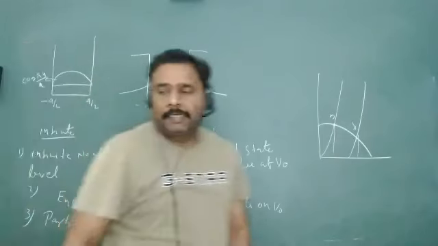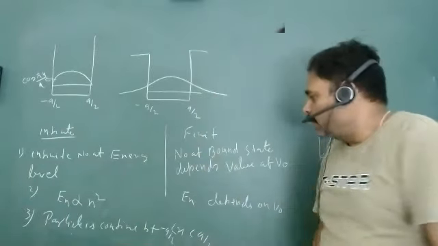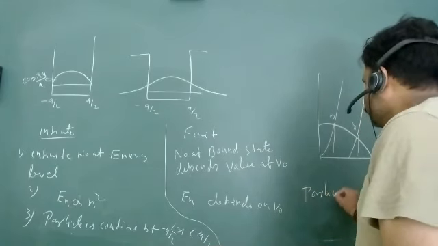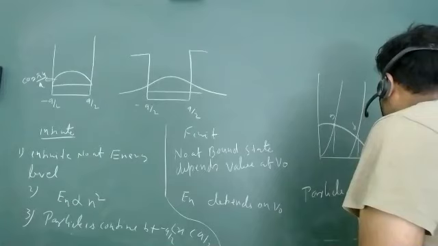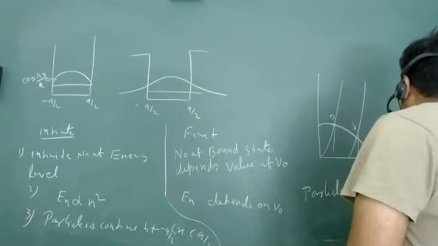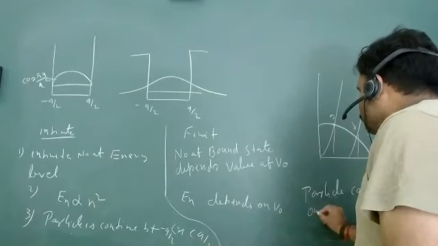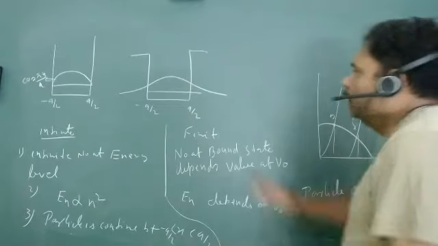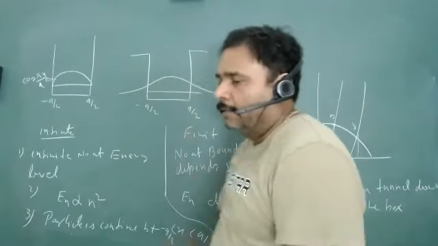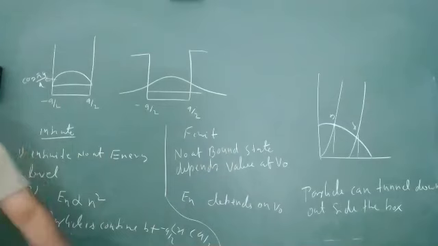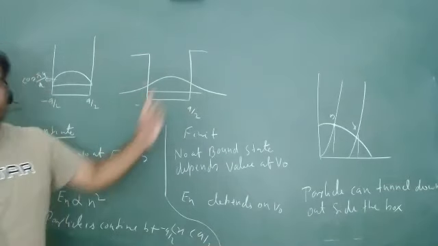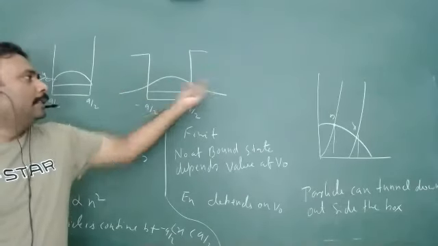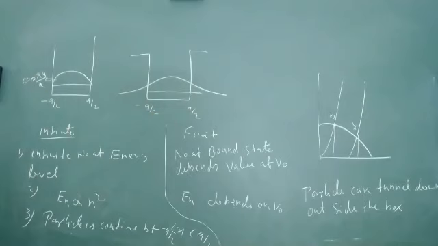But here the particle can tunnel outside this box. Classically, these are all forbidden regions. Even though these are classically forbidden regions, you can find the particle outside this box. This effect is known as tunneling. So you have a finite probability of finding the particle outside this box.